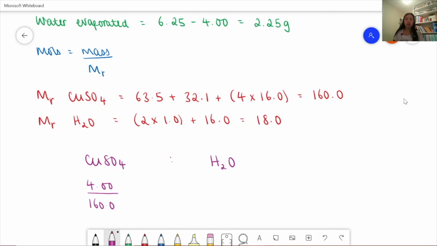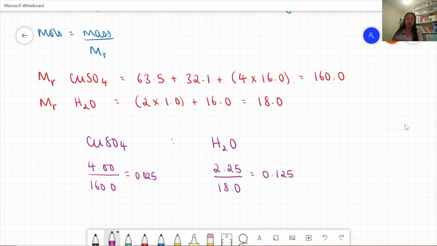And then for the water, we have that the mass was 2.25, and then we divide this by the MR of water, which is 18. And so 4 divided by 160 is 0.025. And then the moles of water, we have 0.125. And now we can divide by the smallest.